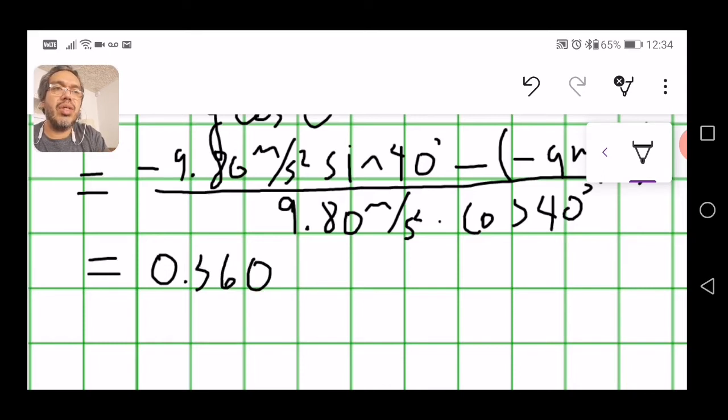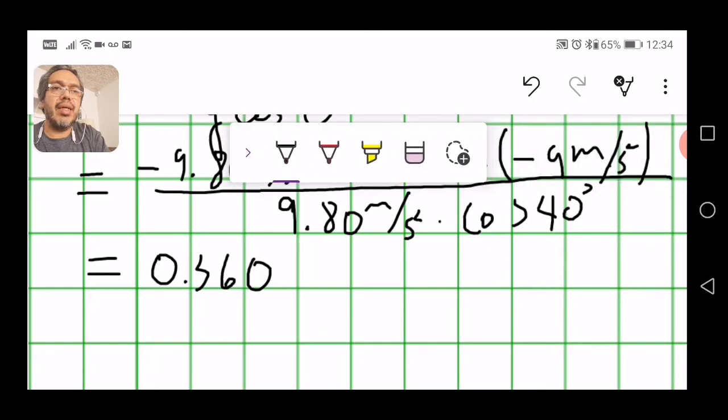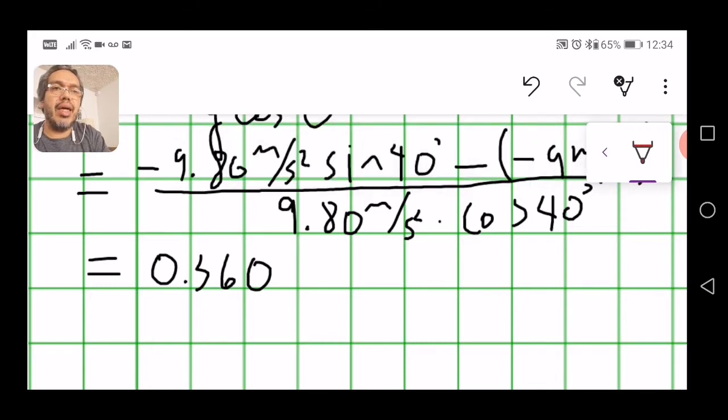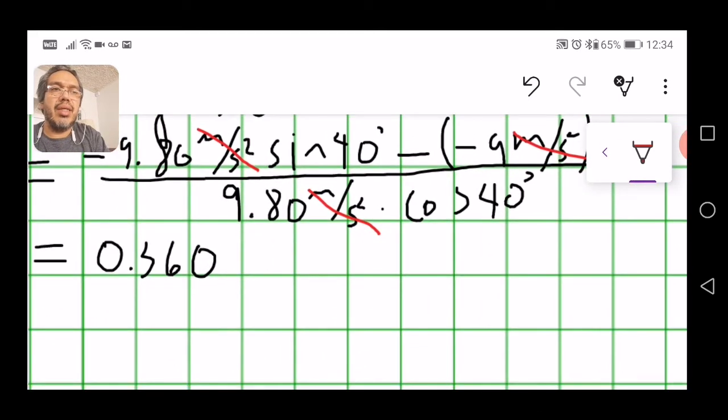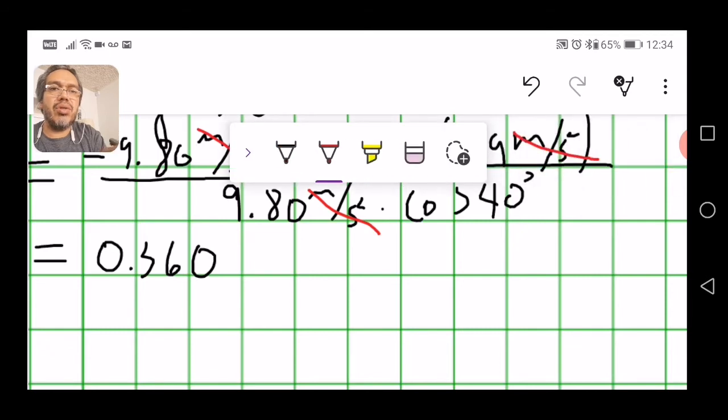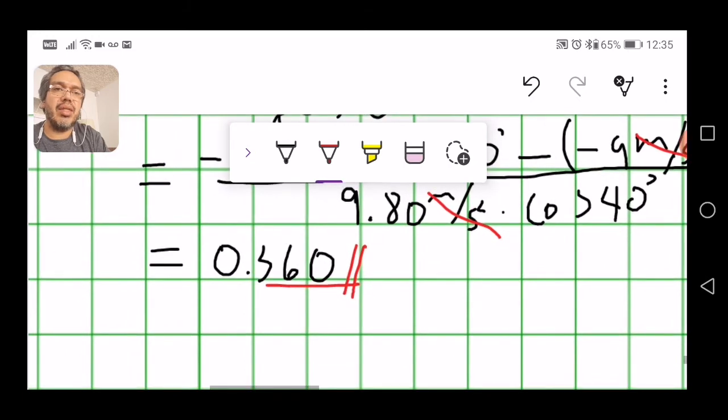Notice, of course, that the dimensions cancel each other out, and that's only natural because the coefficient of kinetic friction doesn't have any units. It is a dimensionless quantity.